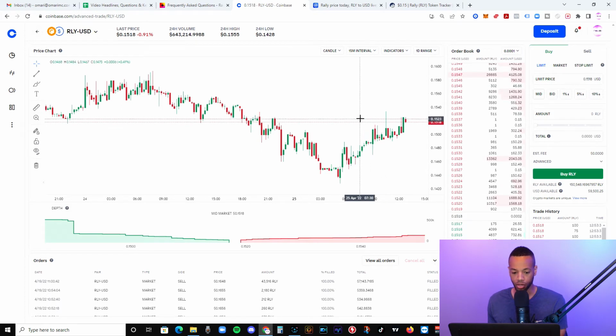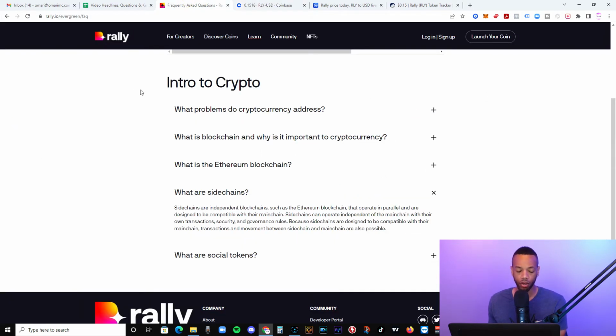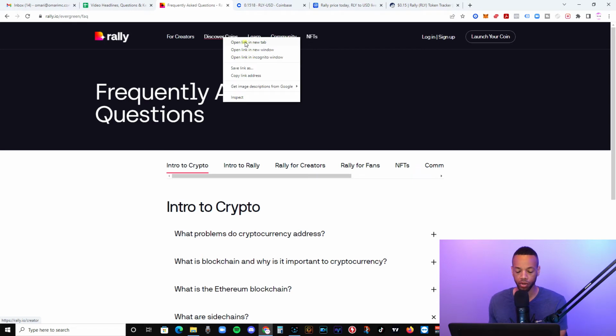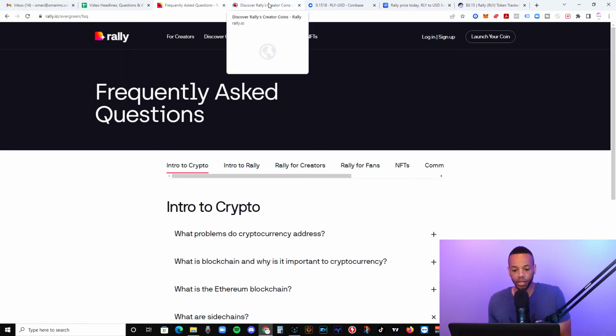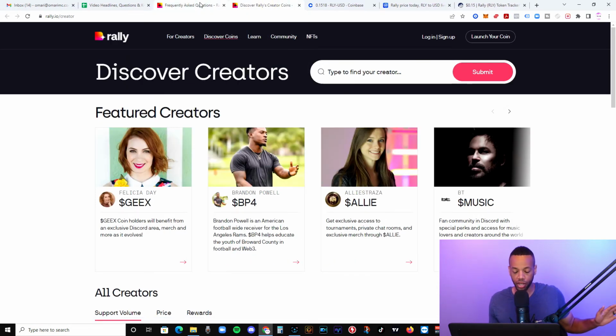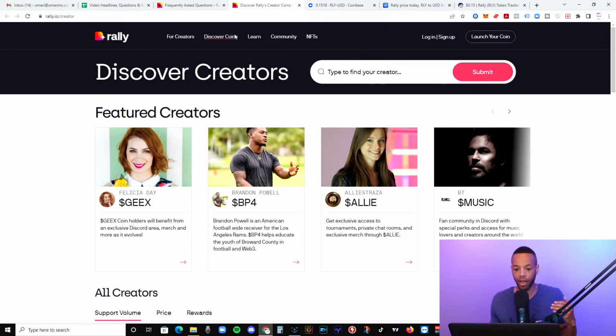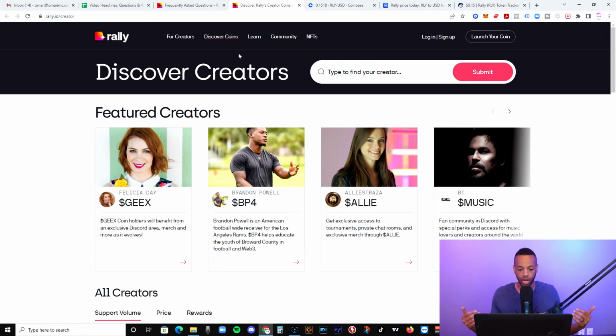These are what's called moves to mainnet. So if I have some Rally on Rally.io, and I buy some of these social tokens, these creator coins on here, those are happening on the sidechain. In order to sell them on a Coinbase or a KuCoin or whatever, I have to move them to mainnet or bridge out, you might hear it called.